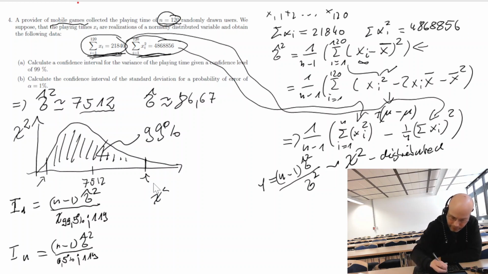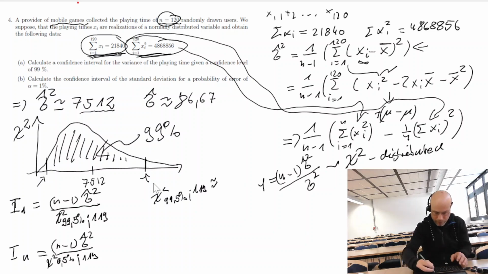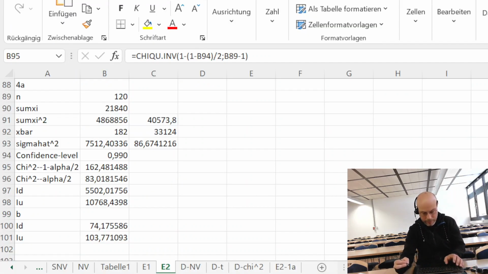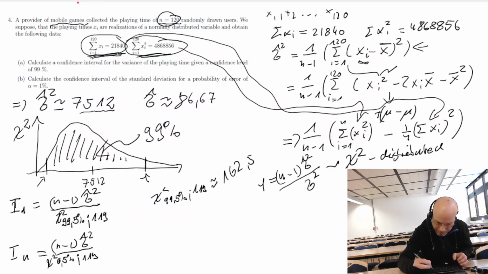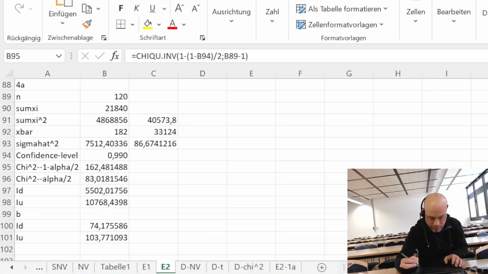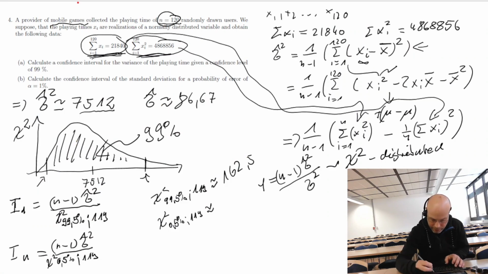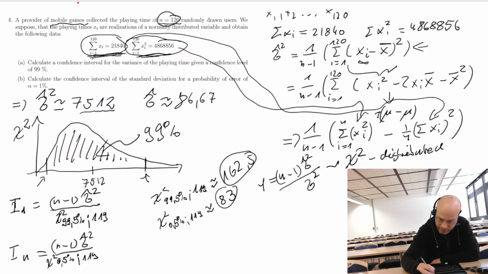Chi squared of 99.5%, 119, 162.5, and chi squared 0.5%, 119, roughly 83.